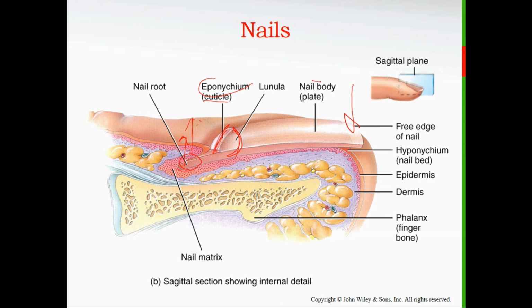The nail body or nail plate is the actual nail that is touching the skin on your fingertip. And then the part that we cut is the free edge, which is right there. The nail bed, also known as the hyponychium. Remember, hypo means below. So this is under the nail plate. And then, of course, just to give you an idea, this is the phalange here. That's your finger bone at the end.